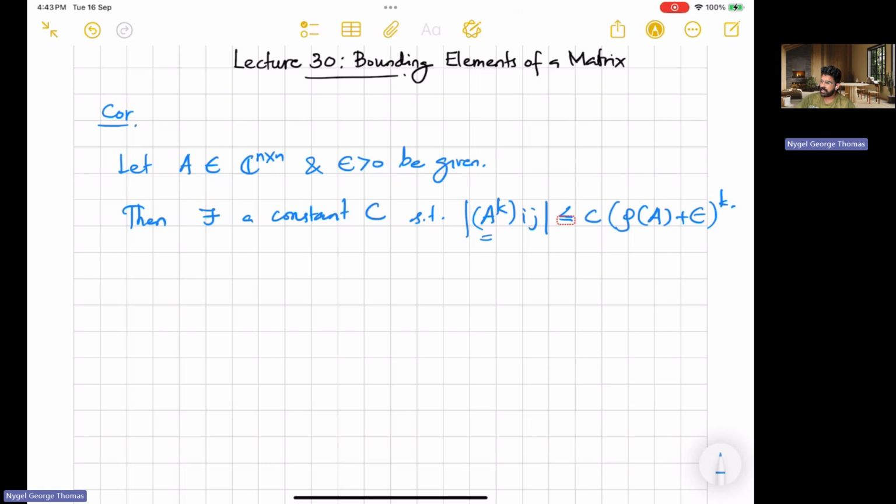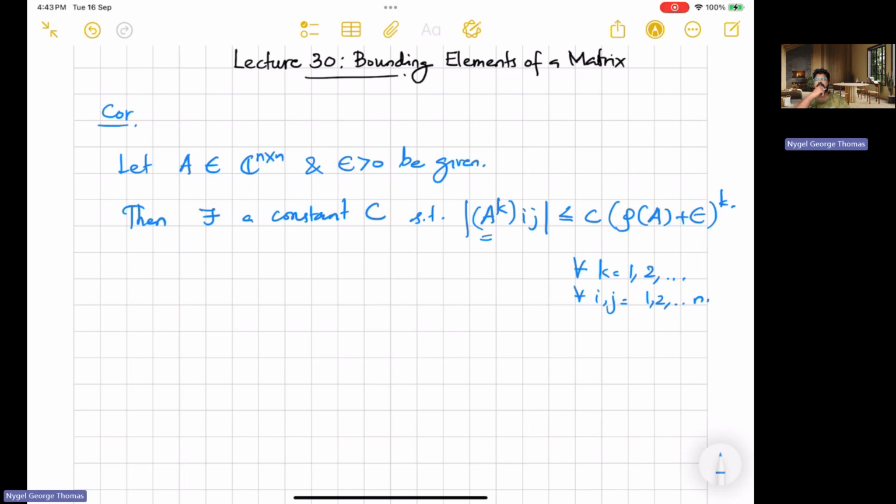Its ijth element, the maximum value it can take, is some constant C times (spectral radius of A plus epsilon) raised to k, for all k equal to 1, 2, etc., and for all ij equal to 1, 2, etc.